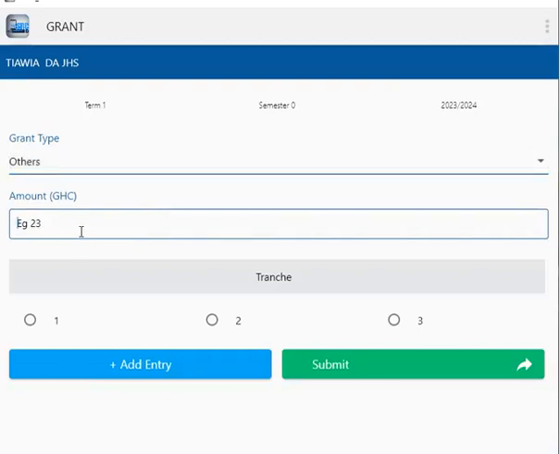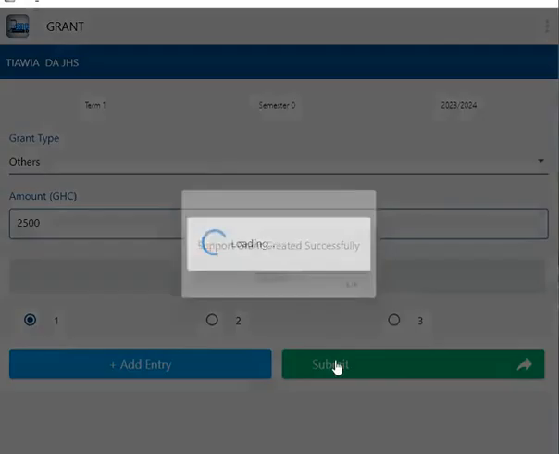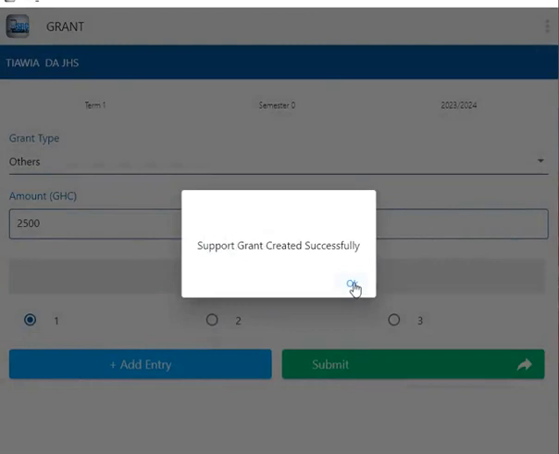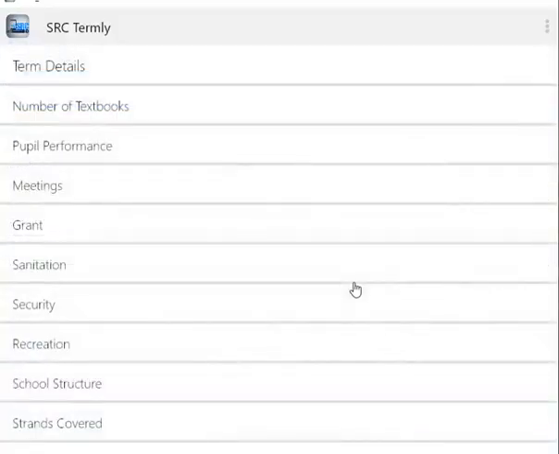So let's assume the school had 2,500. Then indicate it as, let's say, tranche 1, right? Then because you are done with all the grants, you click on submit and wait for just a second. Support grant created successfully. Click on OK.